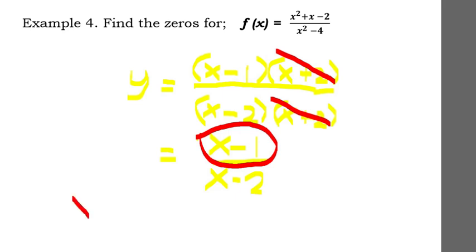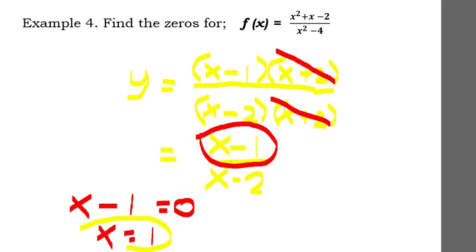So you have x minus 1 is equal to 0. And therefore, x is equal to 1. So it means that the function will become 0 if the value of x is equal to 1. Let us see.